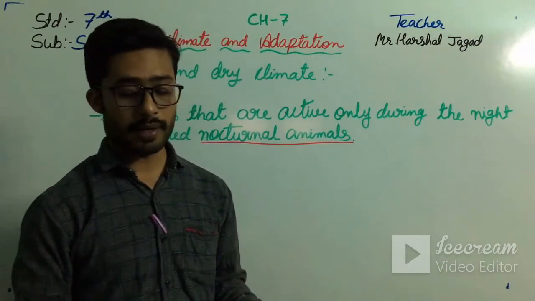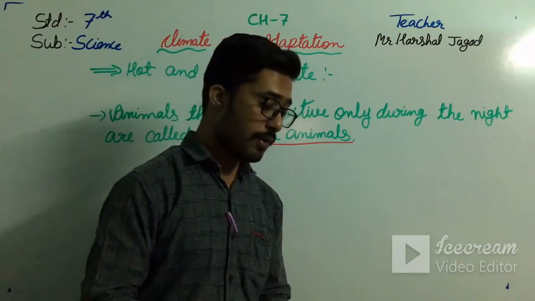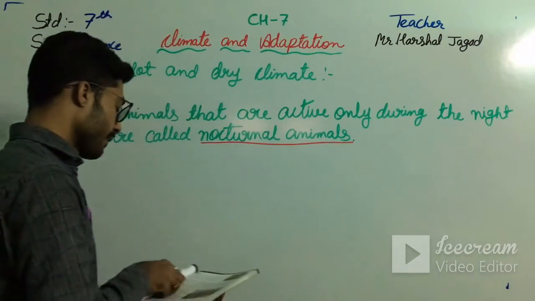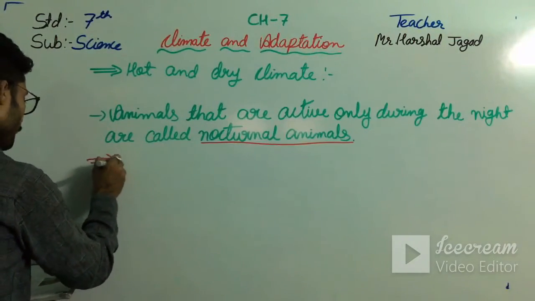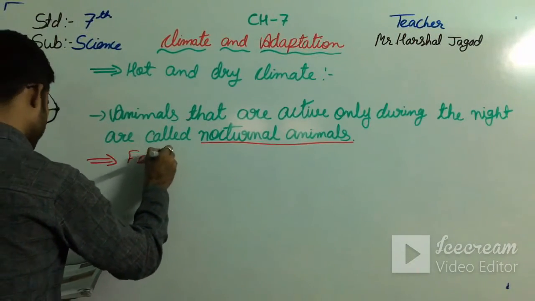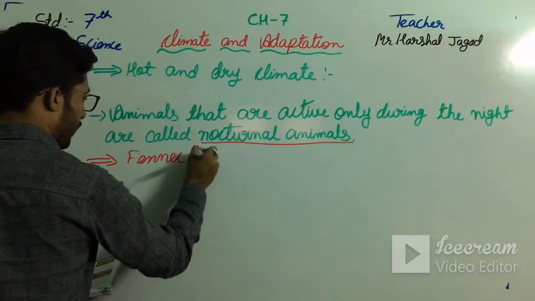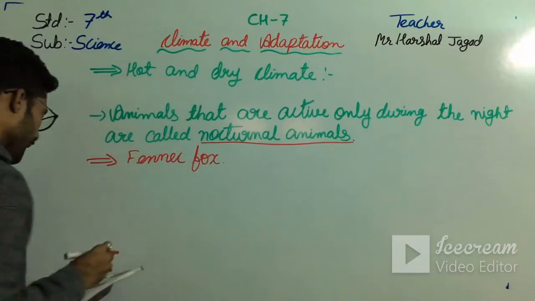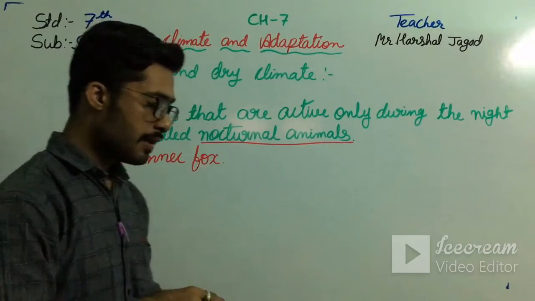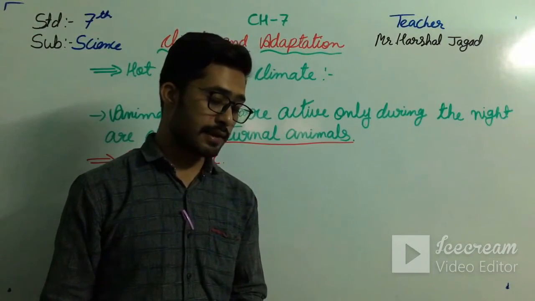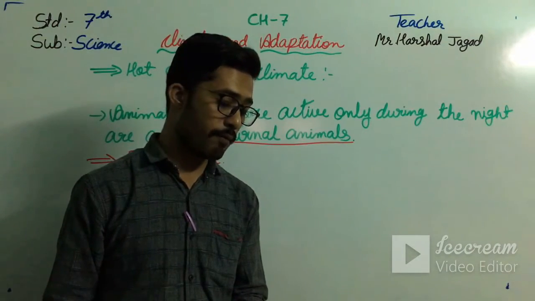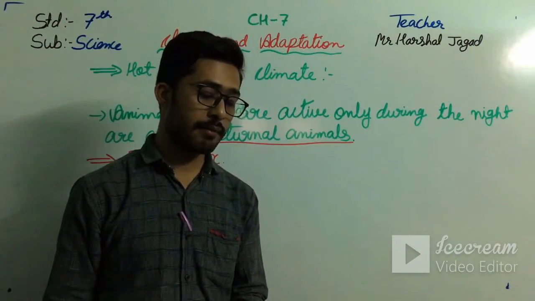Then coming to the fennec fox. What is the adaptation of the fennec fox? Let us see that. Fennec foxes are small desert foxes that have large ears. These ears help to get rid of body heat, thus keeping the animal cool.